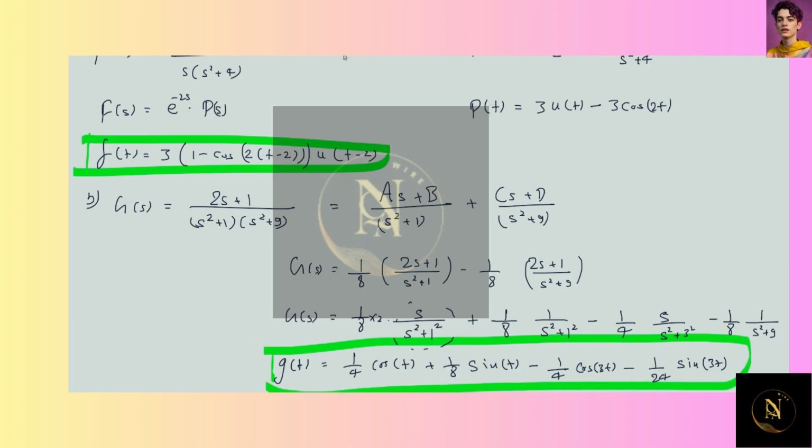Now part C. In part C we can assume H(s) = 9s² / (s² + 4s + 13). This term can be written as 9 − (36s + 117)/(s² + 4s + 13).